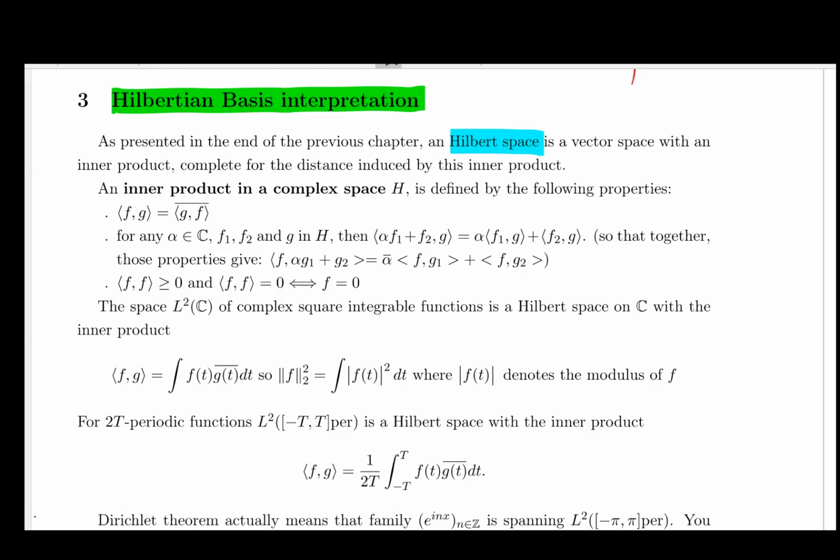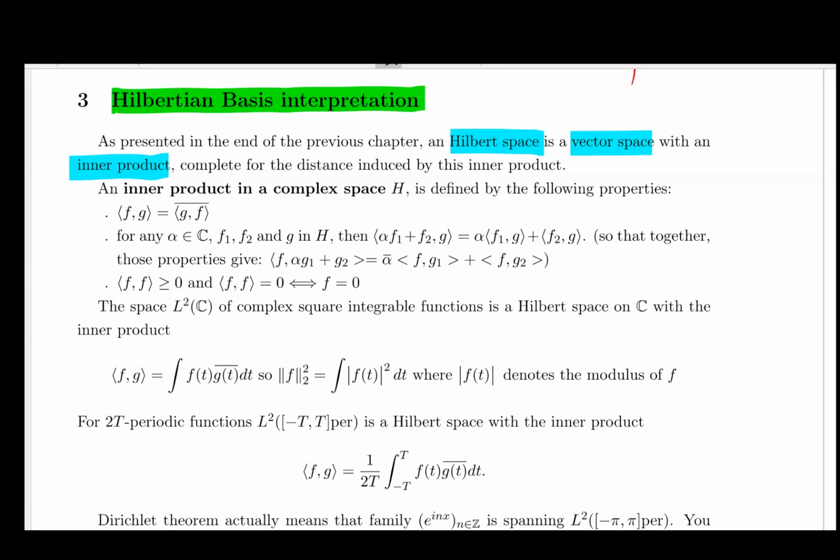Right. So a Hilbert space is just a vector space where we have been able to define an inner product, and that is complete for the distance induced by this inner product.